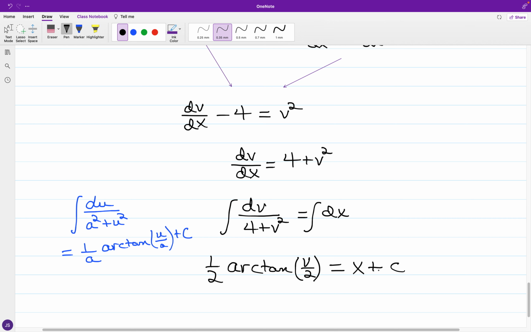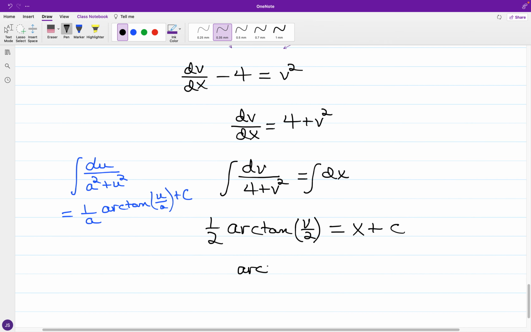And for what I have to the right, we have x plus c. So we have the arctangent of v over 2 equal to 2x plus 2c, but I'm going to use a different variable, letting alpha represent 2 times c.